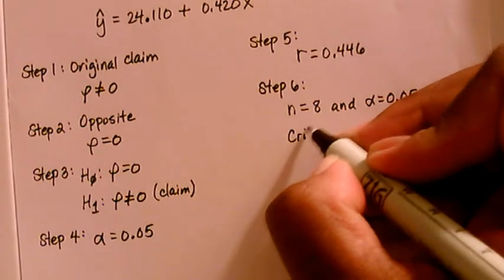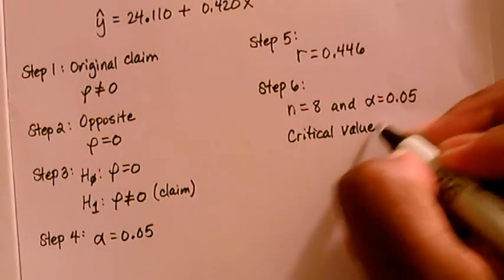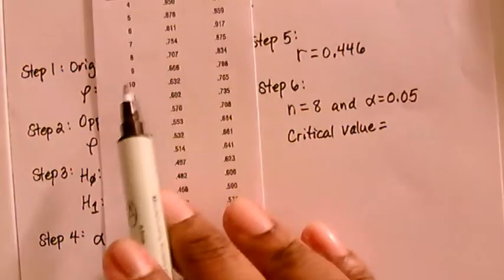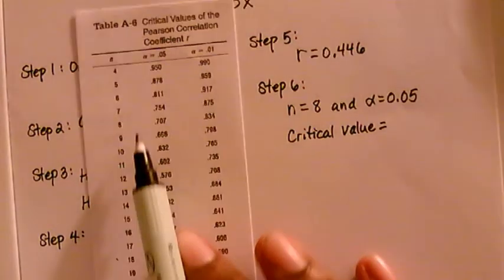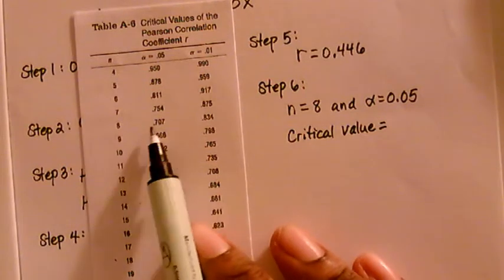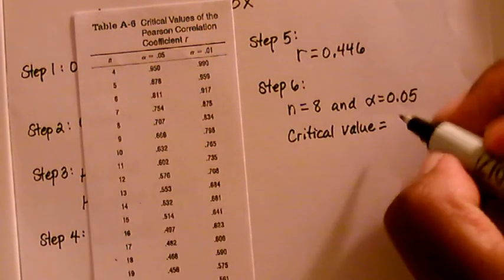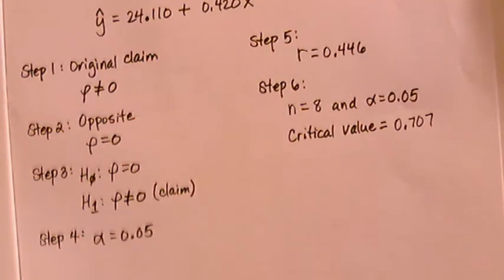So here, to find the critical value, that's where we use that table of critical values of the Pearson correlation coefficient. Here, 8 data values, and the alpha level was 0.05, so that means that 0.707 is the critical value.